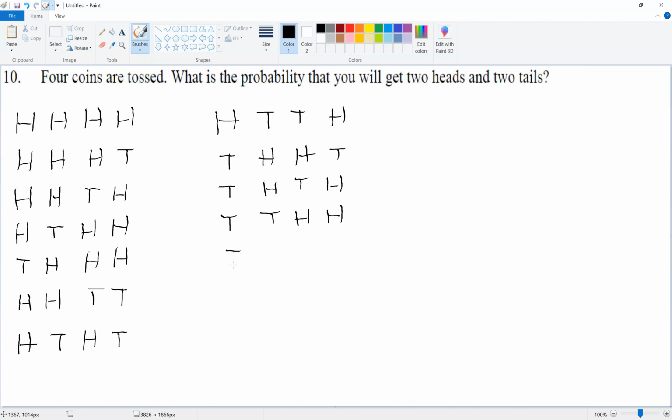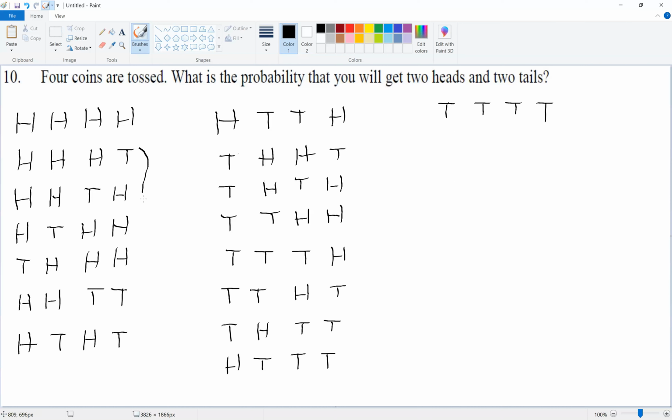So these are 2 heads, 2 tails. Now 3 tails, 1 head. These are 3 tails, 1 head, and finally all tails. So 1, 2, 3, 4. These are 3 heads, 1 tail, and these are 2 heads, 2 tails.